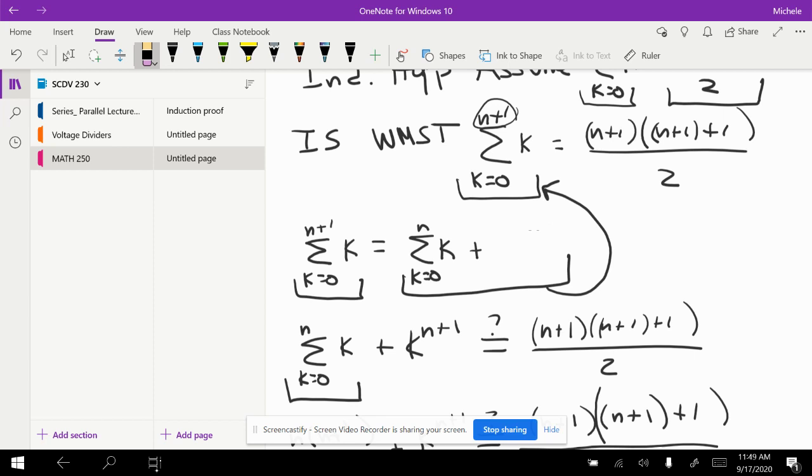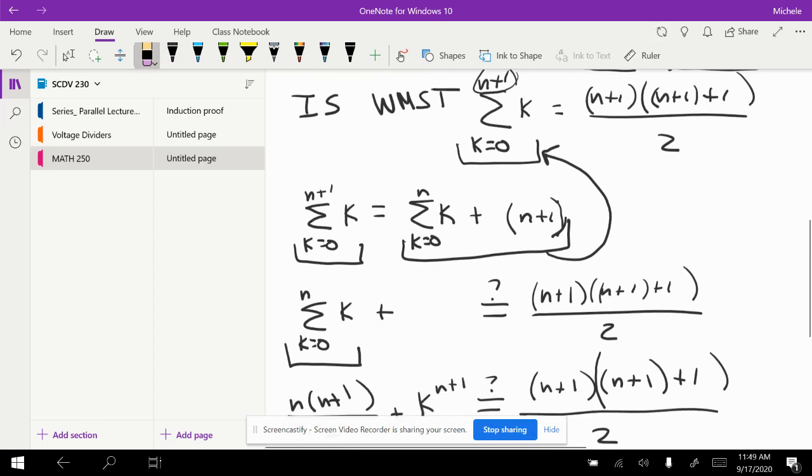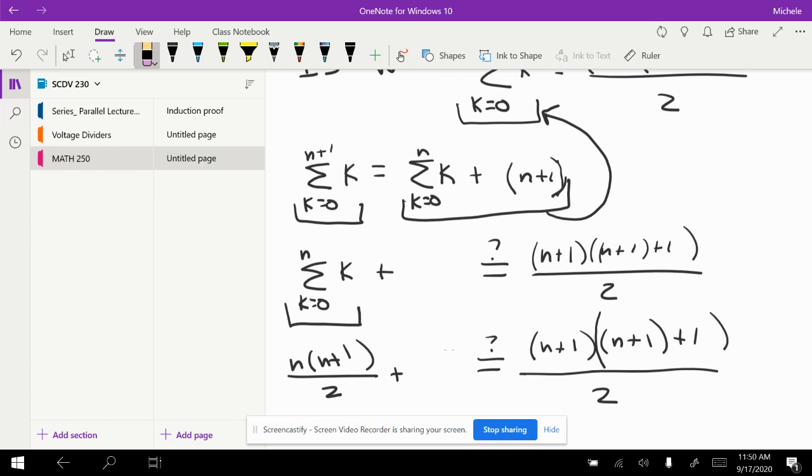All I'm doing is plugging in for k, so I'm plugging in n plus 1. This next term is really just n plus 1. Thinking about the terms of this series, I have k equals 0, so 0 plus 1 plus 2 plus 3 all the way up to n, and then the next term is just plugging in n plus 1 for k, so it's n plus 1. I'm going to fix that.